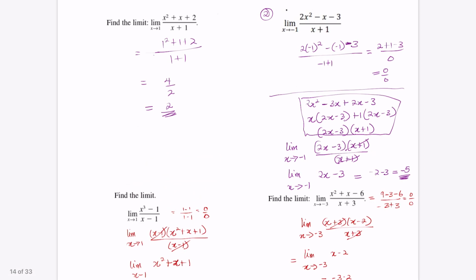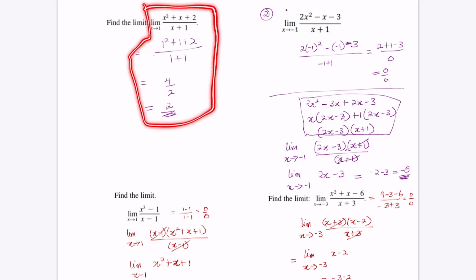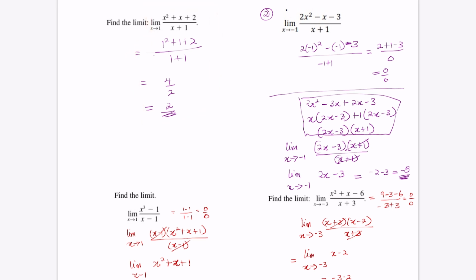And in this case, we also needed to factorize the numerator, which we did here, and apply substitution to this part. But in this case, we applied direct substitution and it worked perfectly, so there was no need for factorization.